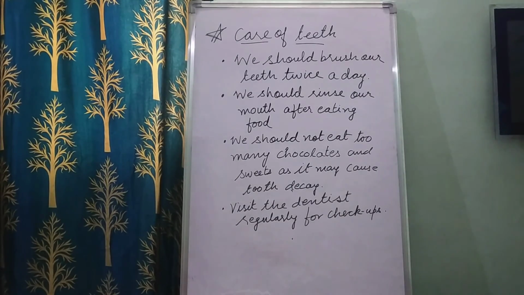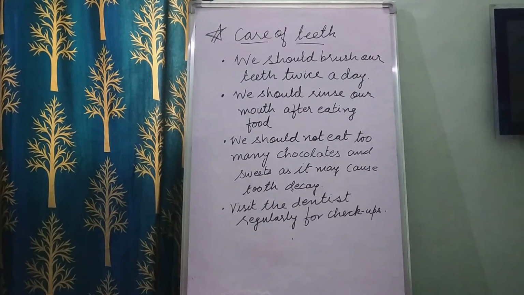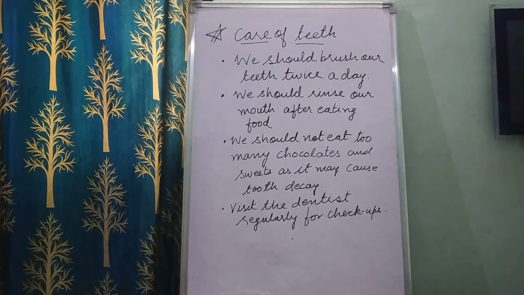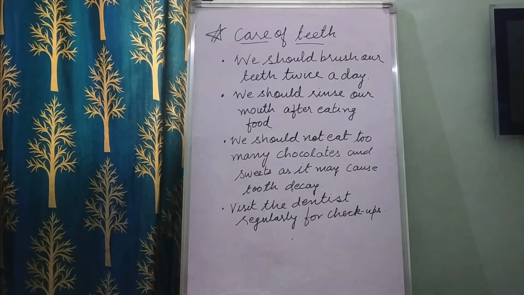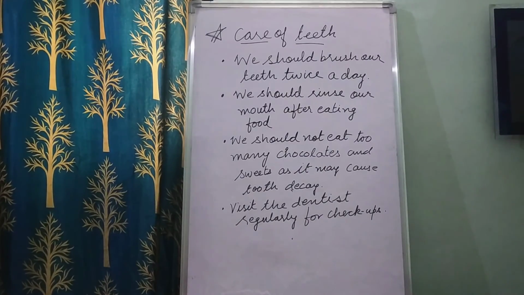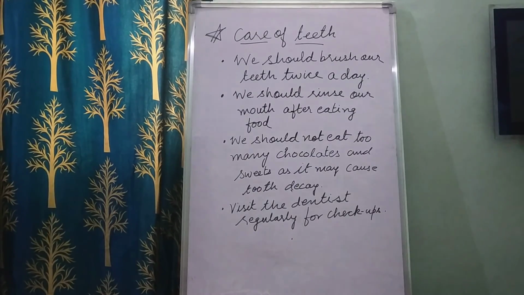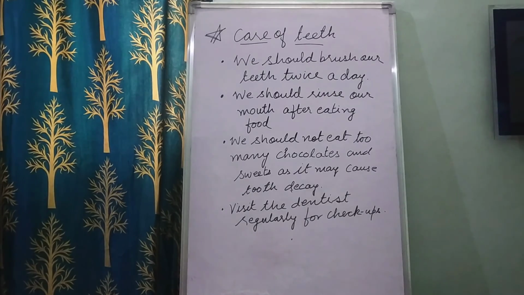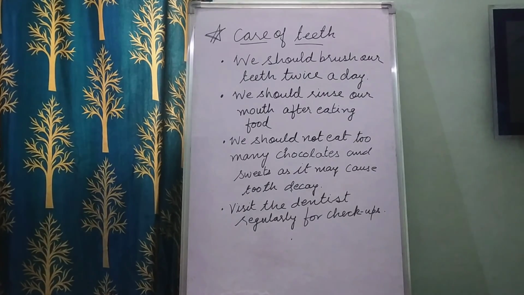Do not eat a lot of sugary things. Do not eat too many chocolates and sweets, as it may cause tooth decay. So now you know how to take proper care of our teeth, because these teeth are very important for us. Who will take care of our teeth? We are going to take care of our teeth.